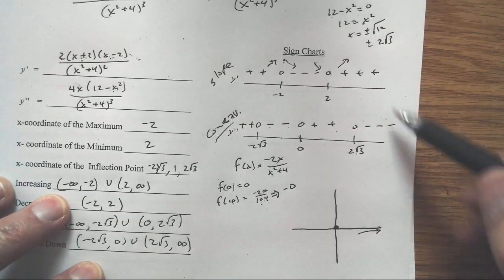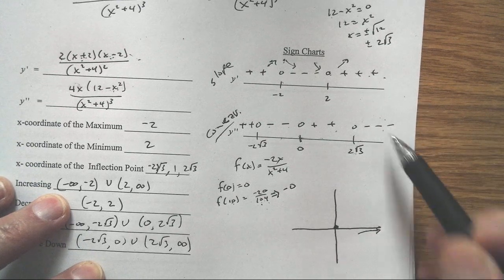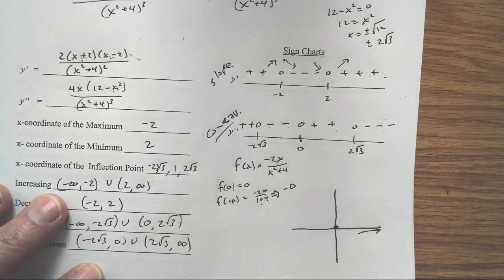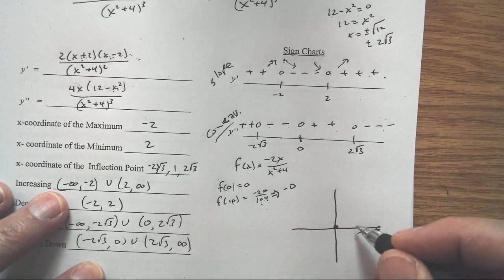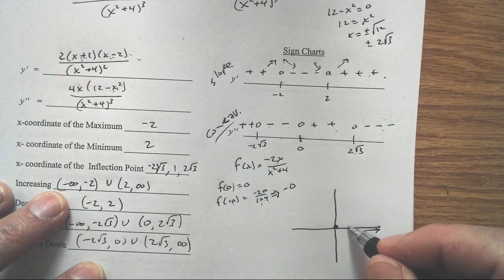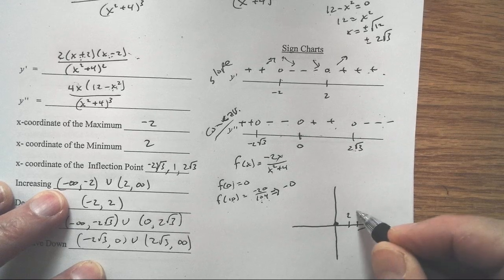And that's somewhat comforting because take a look. The slope should be positive, but the cupping should be down. We're getting sucked into that. All right. Interesting points occurring: 2 square root of 3, 2. So let's go. Here's 2. Here's 2 square root of 3 maybe.